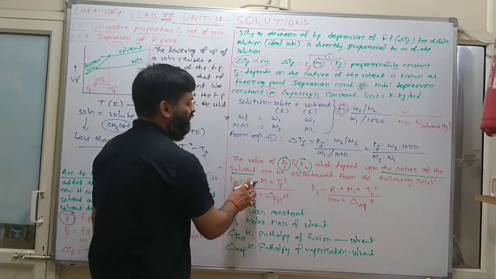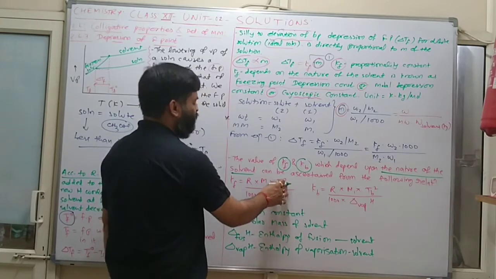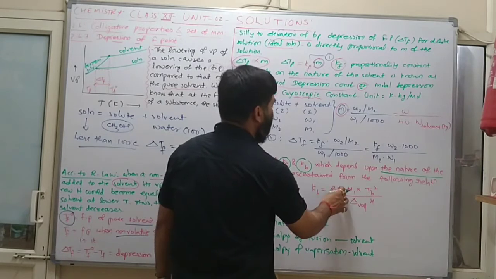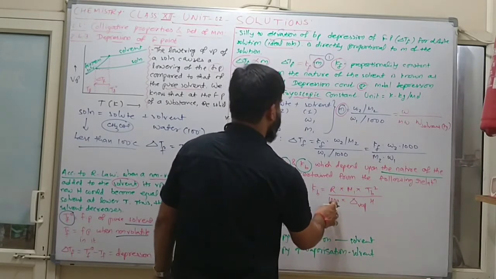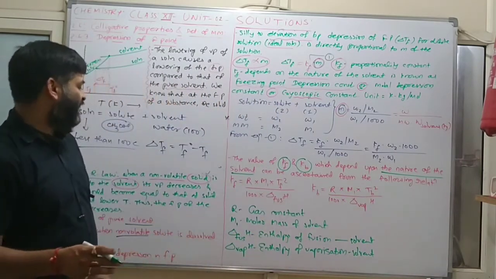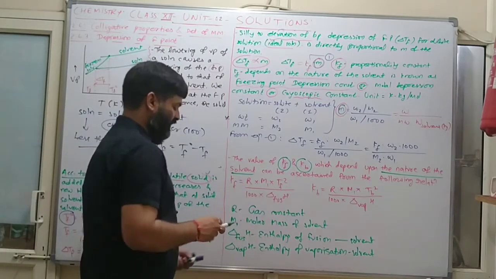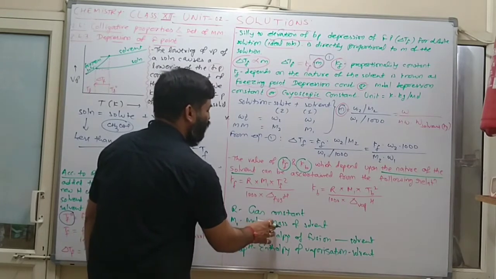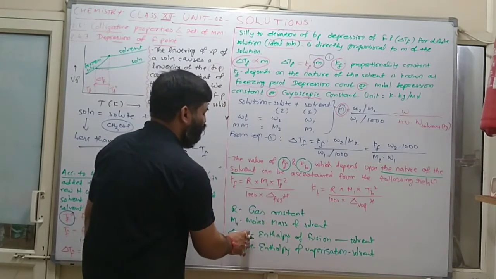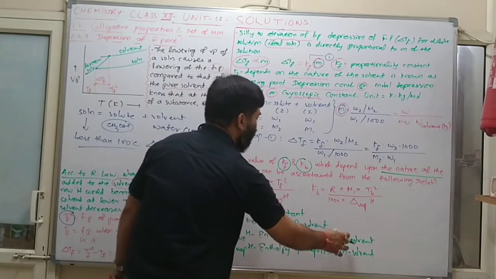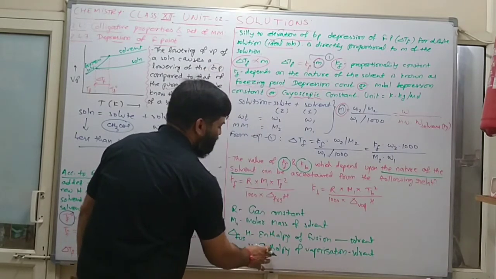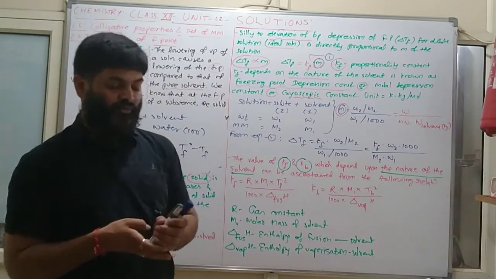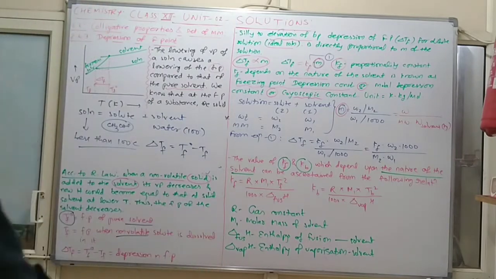Kf is equal to R into M1 into Tf square upon 1000 delta fusion H. Kb is equal to R into M1 into Tb square upon 1000 delta vaporization H. Here in the Kf and Kb formulas, R is the gas constant, M1 is the molar mass of the solvent, delta fusion H is the enthalpy of fusion for the solvent, and delta vaporization H is the enthalpy of vaporization for the solvent.